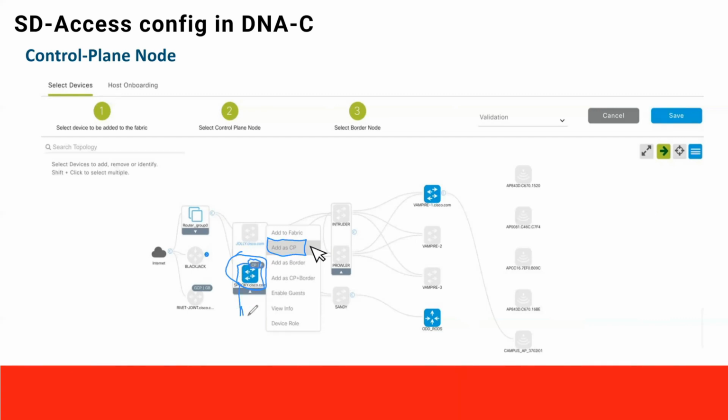Whenever it is blue, it means it is part of the fabric, and whenever it is gray, it's connected but not yet assigned the role.